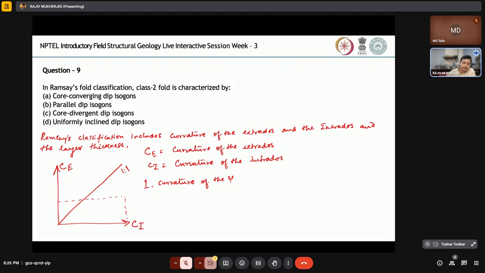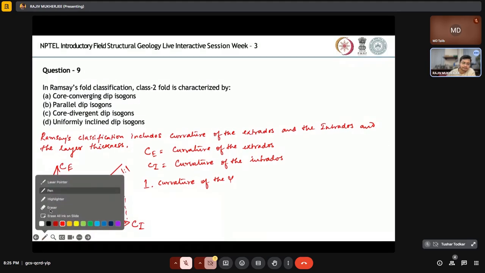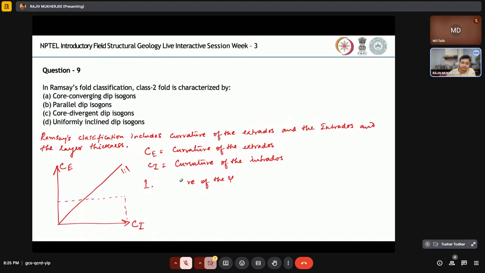Or we can just write in notations. So number one will be Ci, curvature of the intrados is greater than the curvature of the extrados.